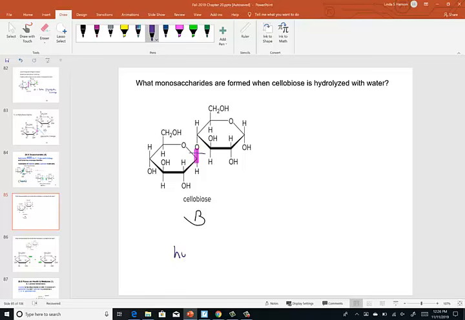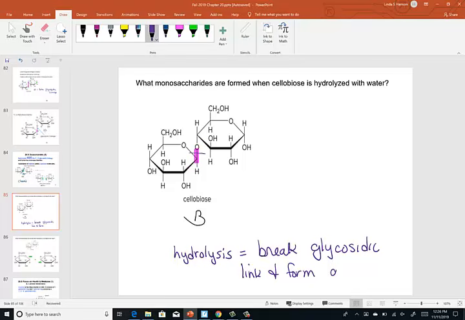So hydrolysis means to add water across the bond. You're going to break the glycosidic linkage and form alcohols in both positions. And then just take note if it's alpha or beta.